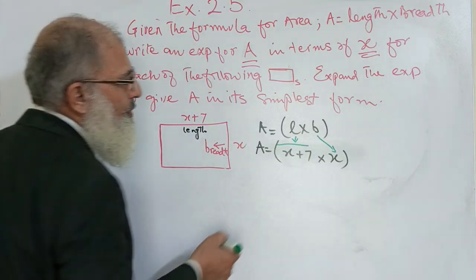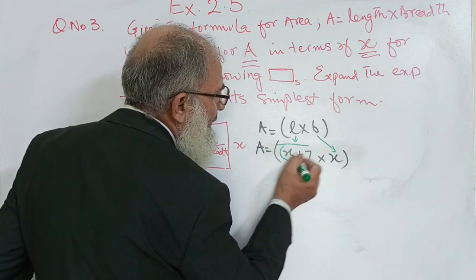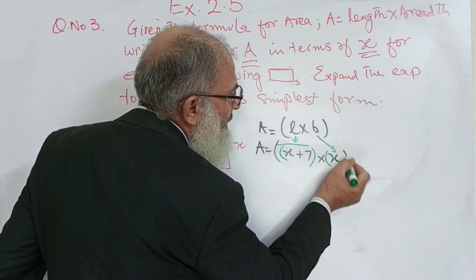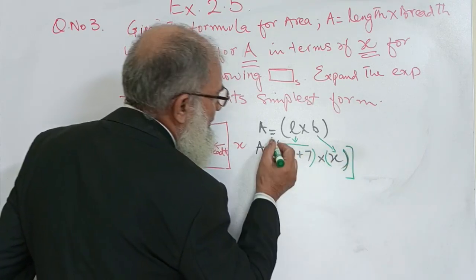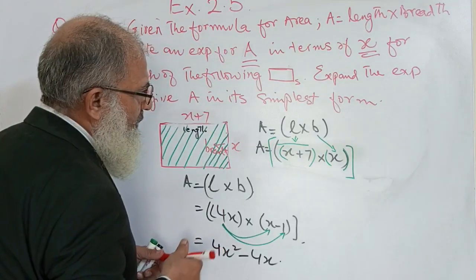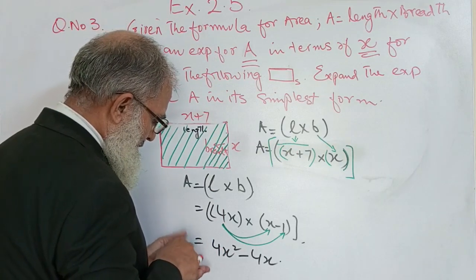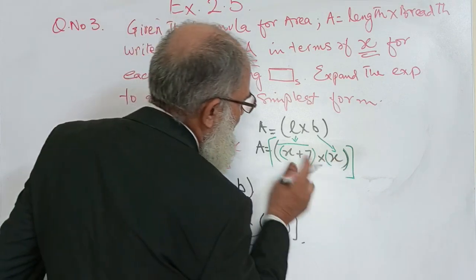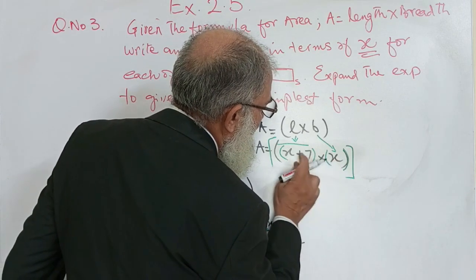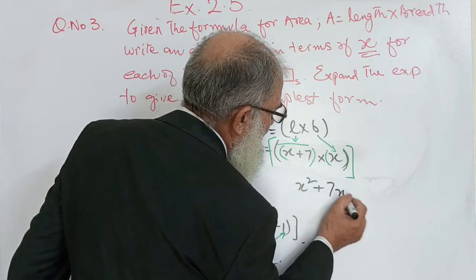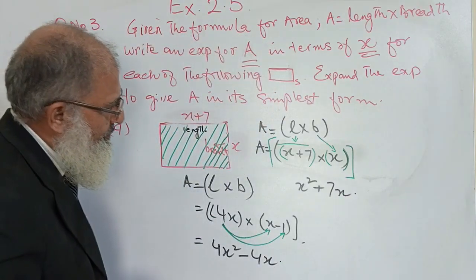You can also make it separately with the brackets. What will happen? x square plus 7x. This will be the answer.